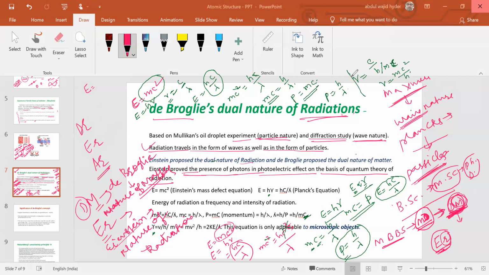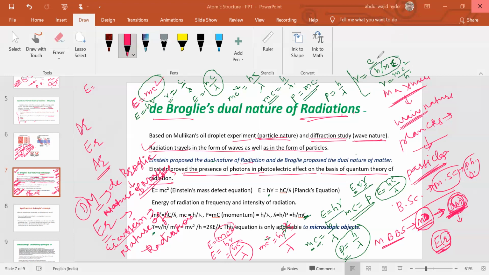This is another relationship. Gamma is equal to C upon lambda.